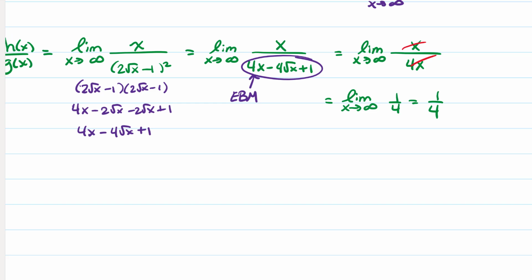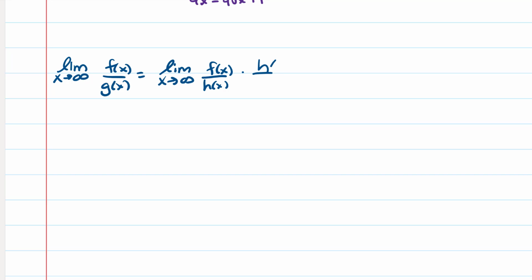Now we have one final step, which is to put it all back together. So recall it was the limit as x approaches infinity of f of x divided by g of x, which we simplified down to f of x divided by h of x times h of x over g of x. So we're going to split up that limit like we set it up previously.